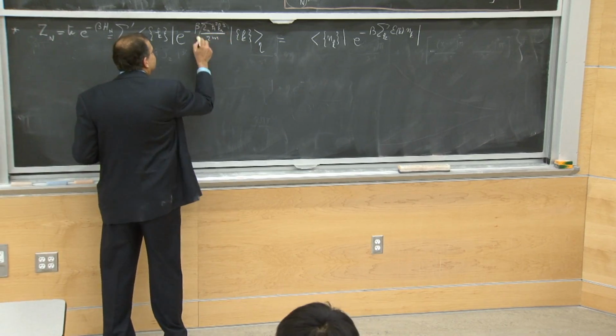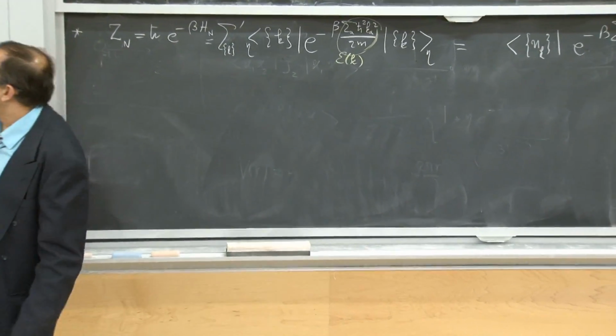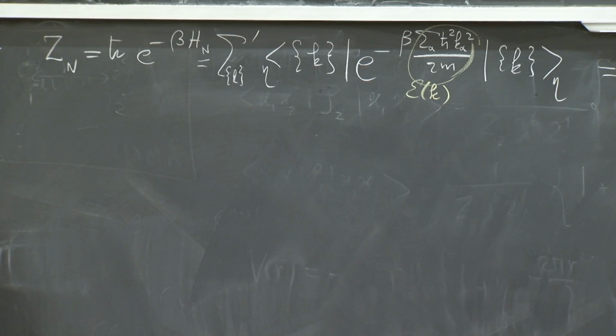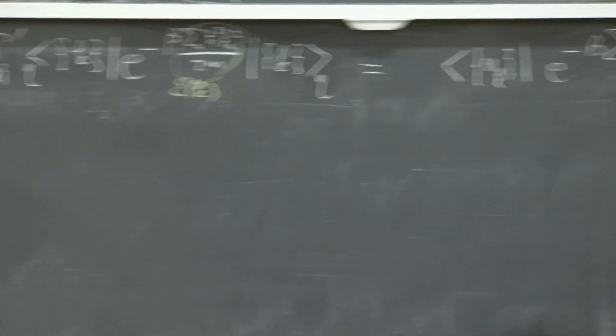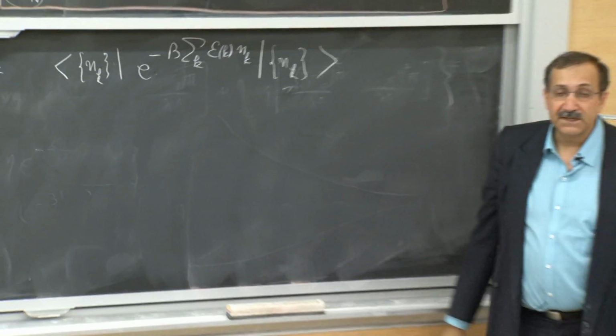But I could do this in principle for any epsilon of k that I have over here. So the result that I'm writing for you is more general. Then I sandwich it again, since I'm calculating the trace, with the same state.